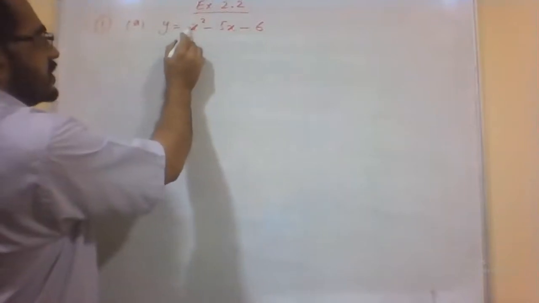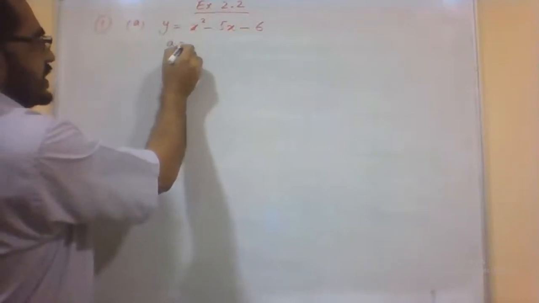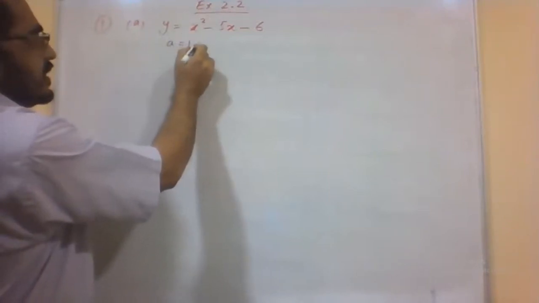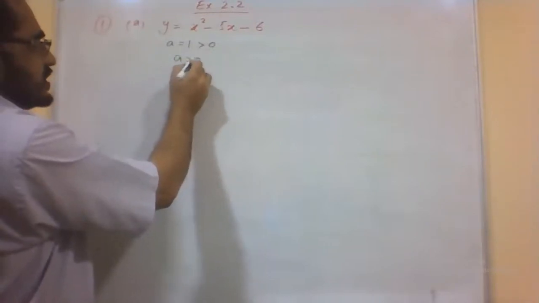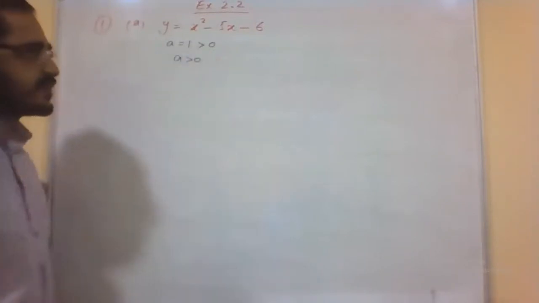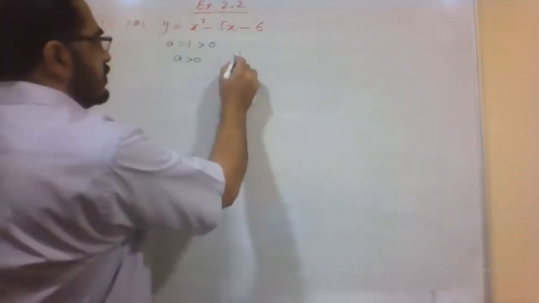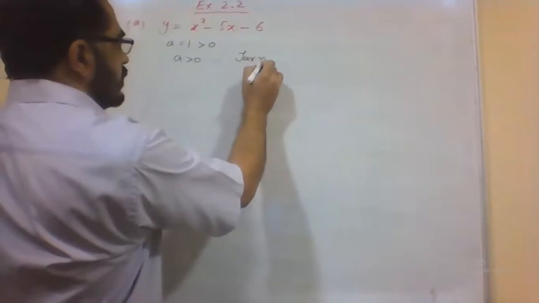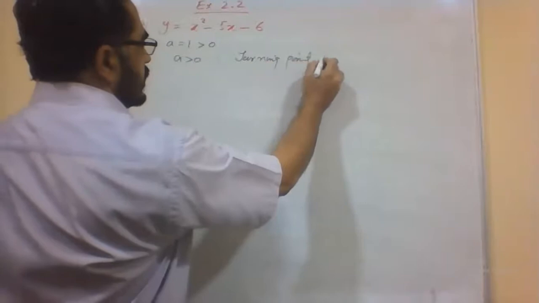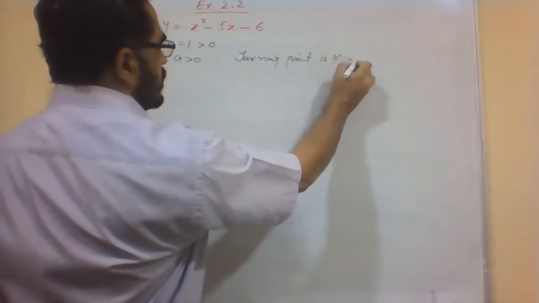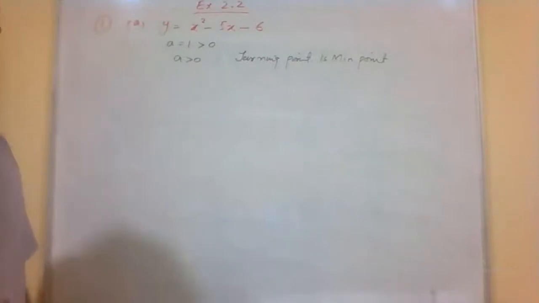That is from the coefficient of x squared. As the coefficient of x squared, a, is 1, and 1 is greater than 0, meaning positive, therefore the turning point will be the minimum point.